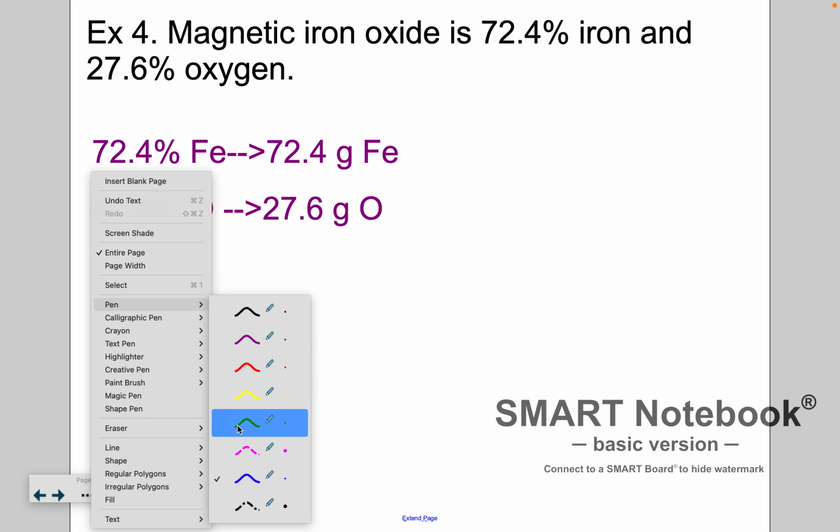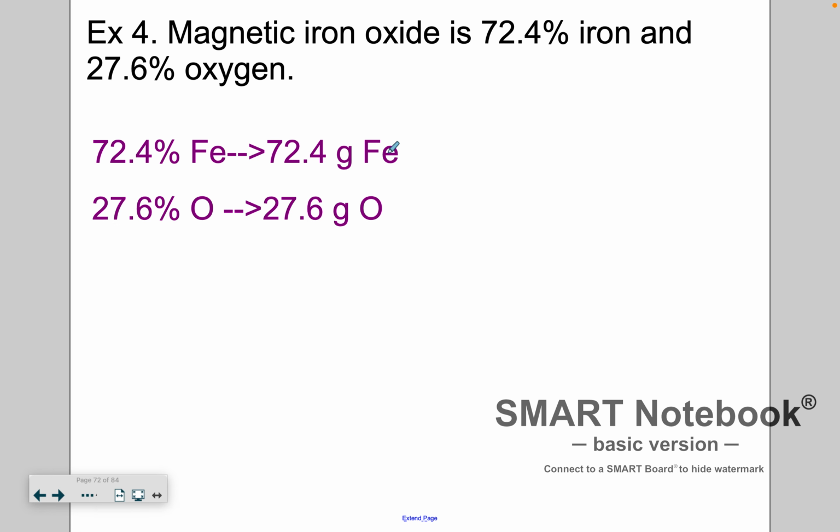Okay, second step, I'm going to divide the grams by its molar mass and convert it to moles. So the molar mass of iron is 55.85. That's an 8. That's a 5. I got really slanty there. Okay. Down here, 1 mole of oxygen is equivalent to 15.99.